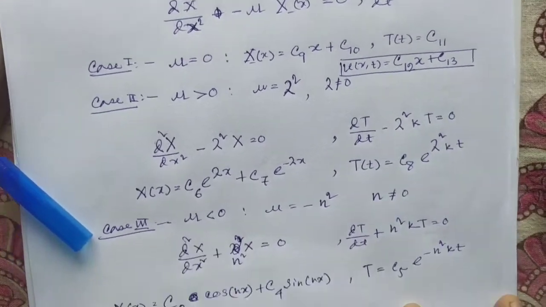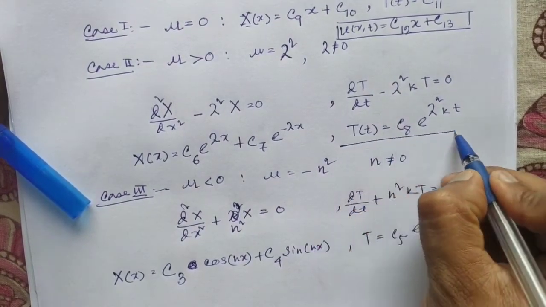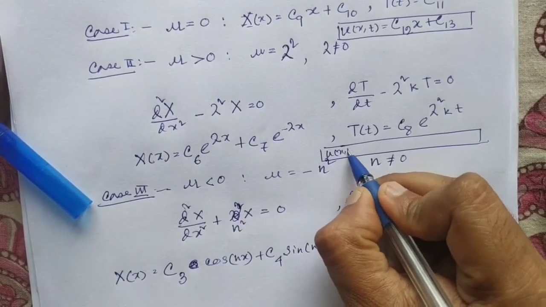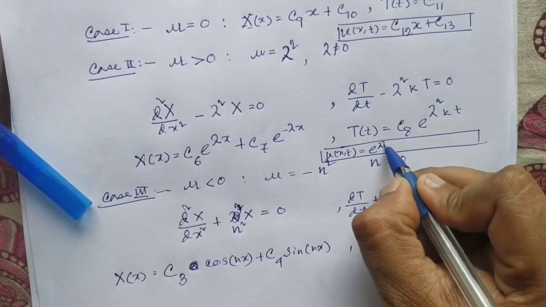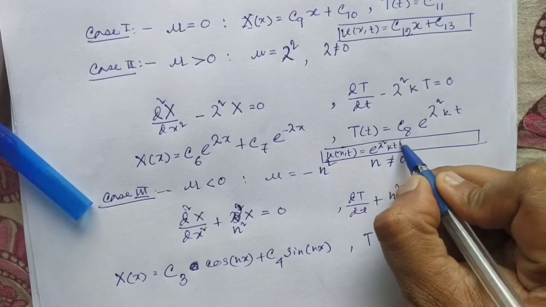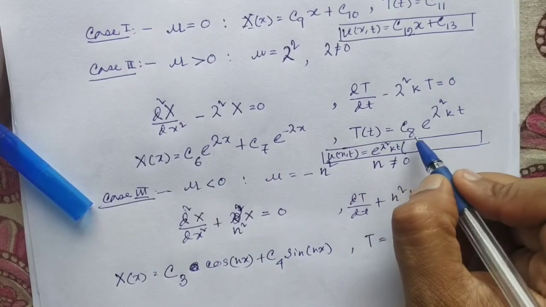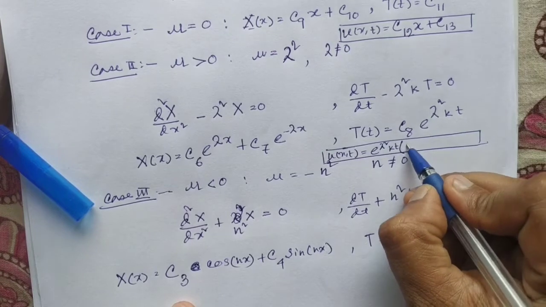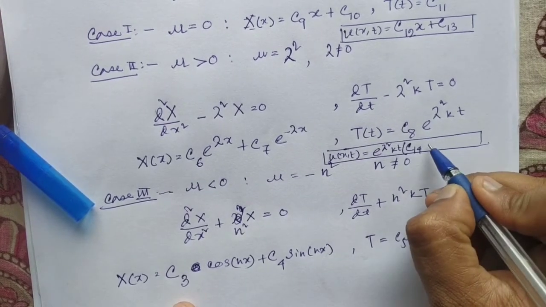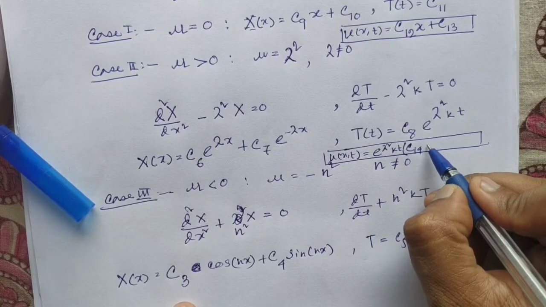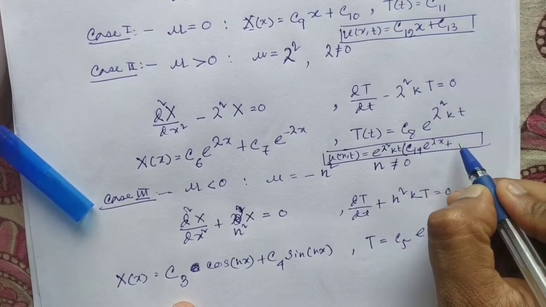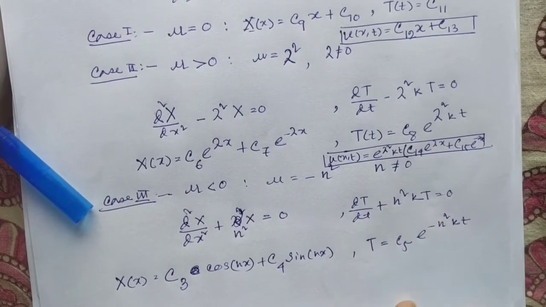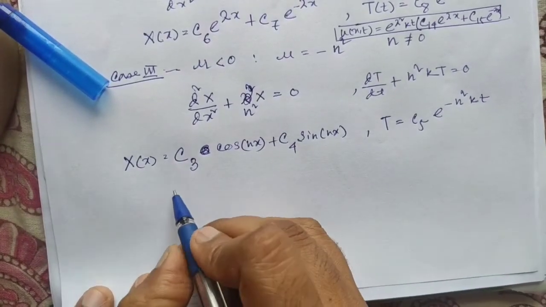Next one, from there you can write this C8 and C6 will be multiplied, so this will look like e to the power lambda square kt multiplied with C6 multiplied by C8, say that is equal to some C14. C14 e to the power lambda x plus C15 e to the power minus lambda x. So that may be a solution.